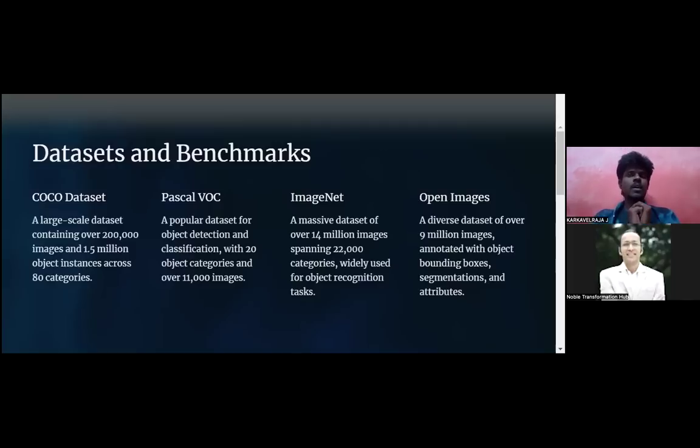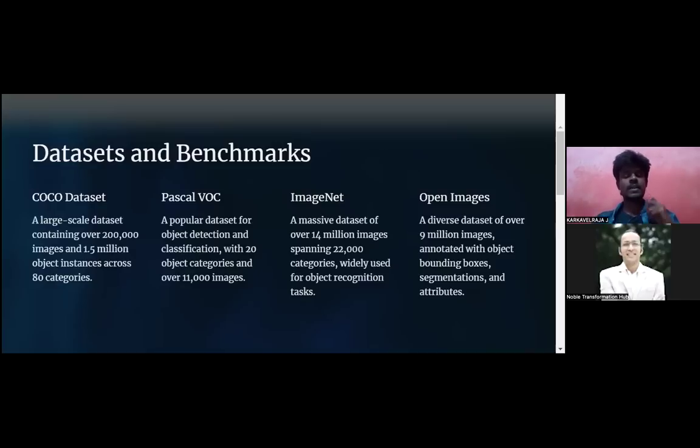This ImageNet is built for deep learning purposes. Open Images is a diverse dataset of over 9 million images annotated with object bounding boxes, segmentation, and attributes, which is very helpful for us to easily do object detection.